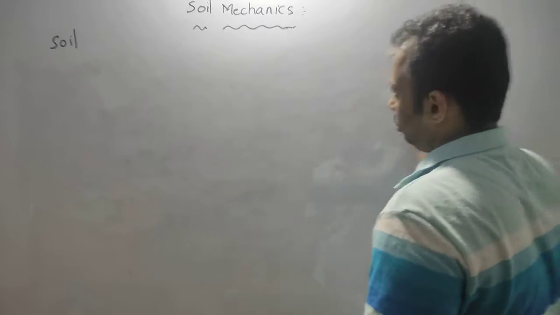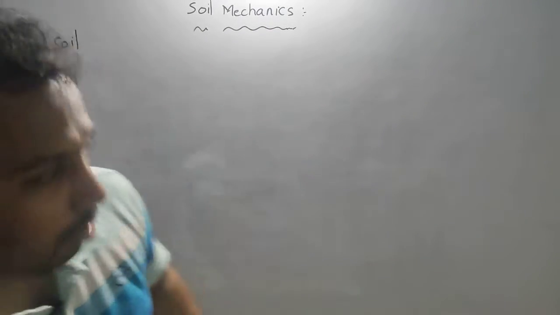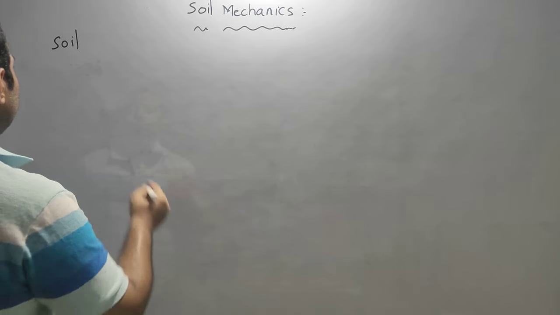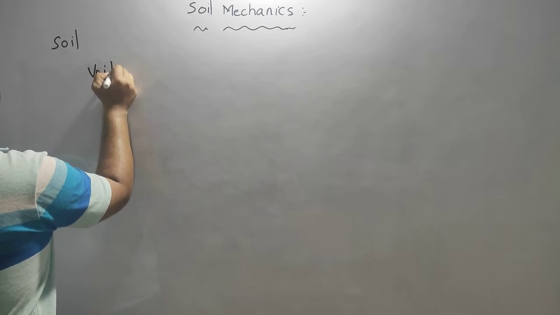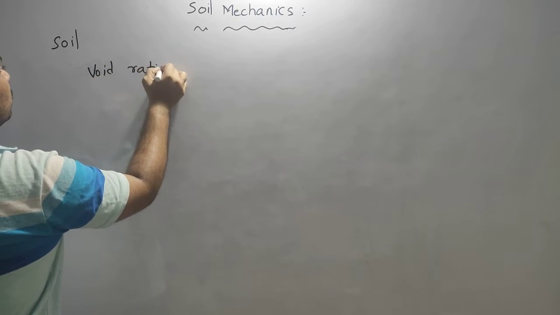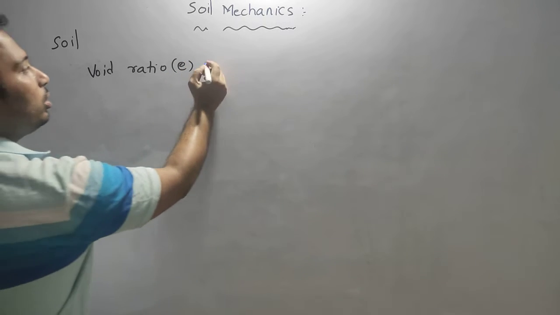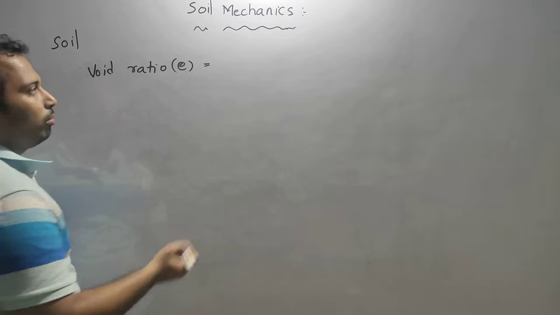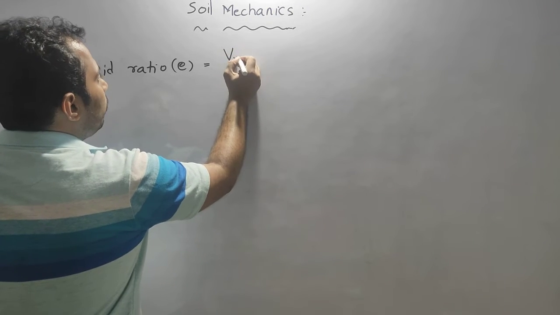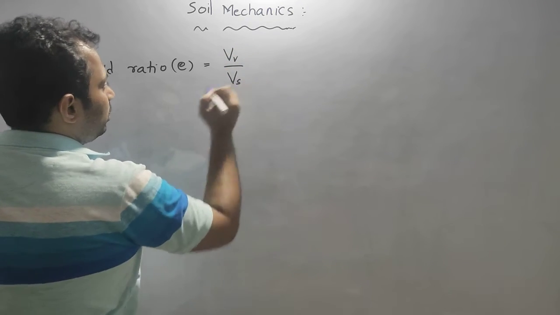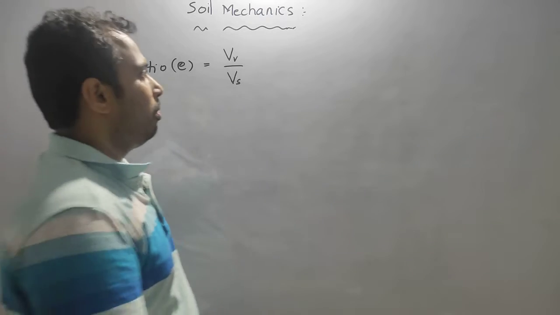Void ratio is indicated by a small letter e, and its formula is volume of voids by volume of solids.